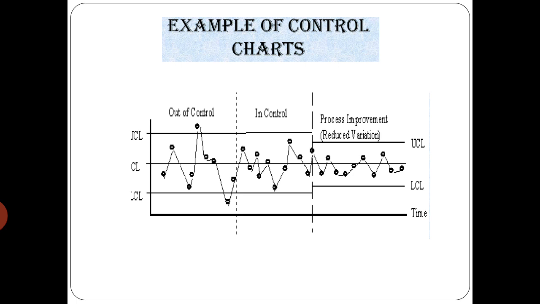CL is the central line, so it will be close to the central line, which means the process has improved. If the variation is closer to the central line, that is the best process, we can say.